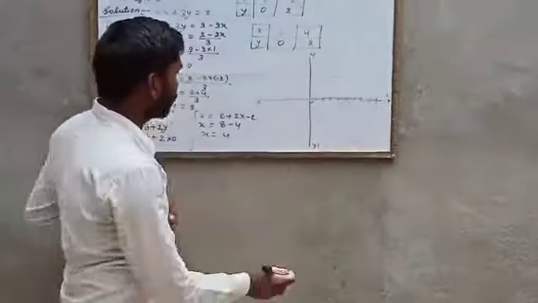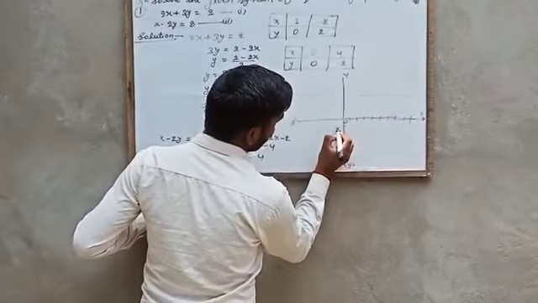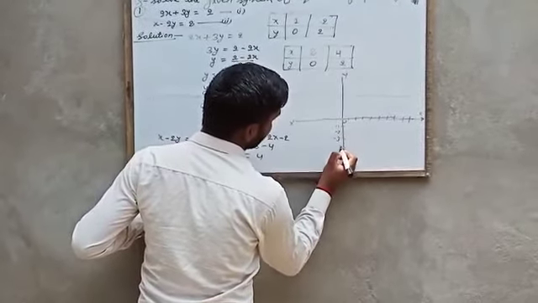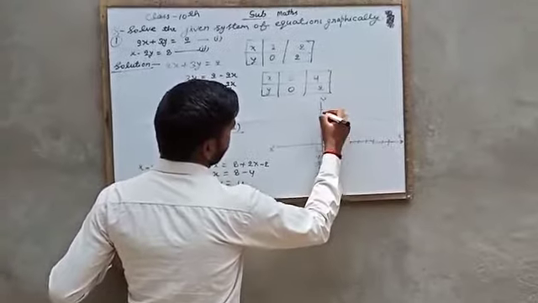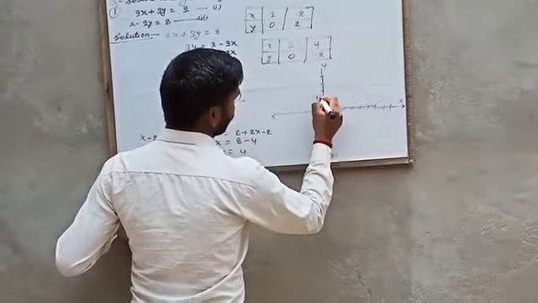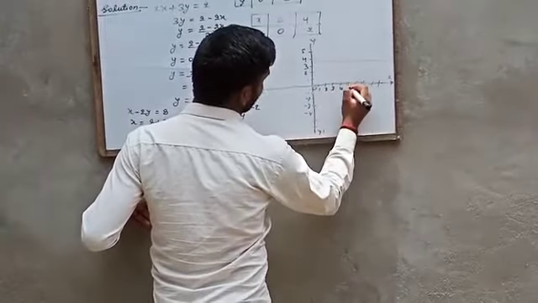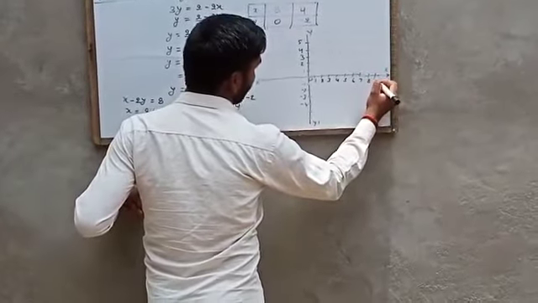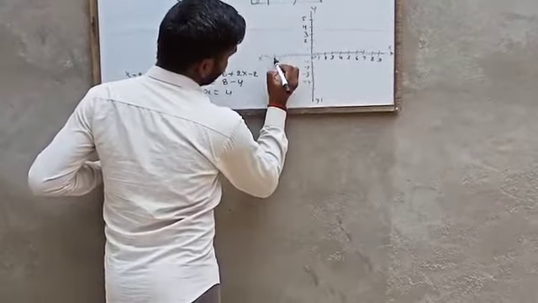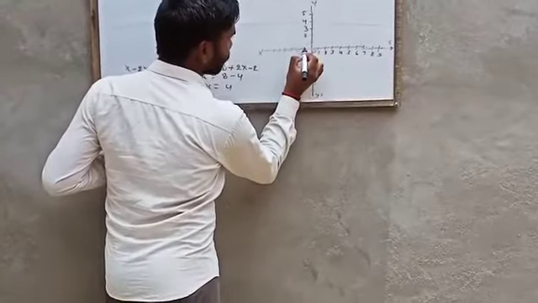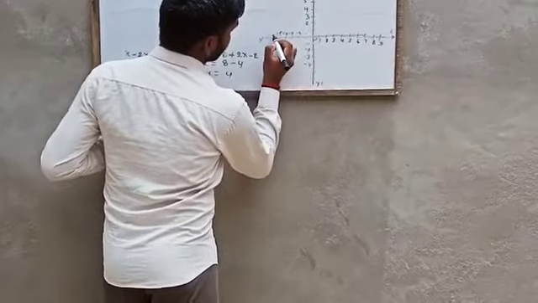Here also we will mark minus 1, minus 2, minus 3, minus 4, like that, and 1, 2, 3, 4, 5 on the y axis, and minus 1 to minus 6 on the other side.